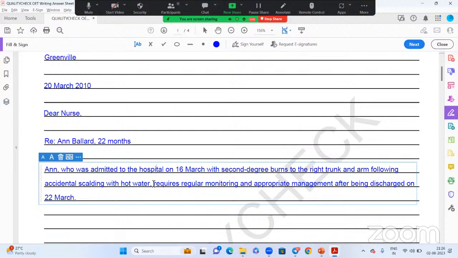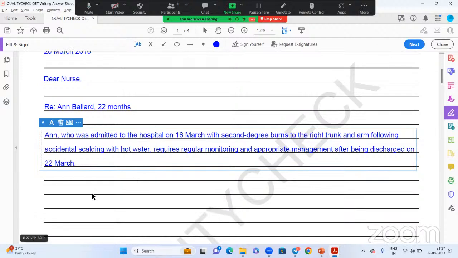Okay, that also you can say Anne, who has been recuperating from second-degree burns to the right. So you can use admitted, you can use diagnosed, you can use recuperated. Anyway, you can write. So that is up to you to do. This is how you're going to write the letter. Many different ways.